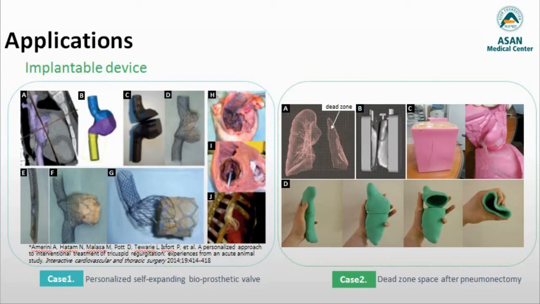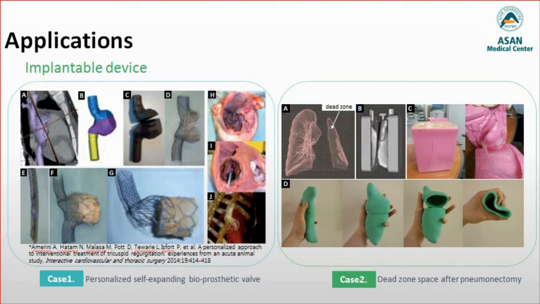Customized implants created using 3DP have recently been used in the interventional field. Case 1 demonstrated the feasibility of a personalized interventional treatment for tricuspid regurgitation using a braided stent in an animal study. From the cardiac CT data, the 3D reconstructed model of the right-sided cardiac cavities of a pig was obtained.